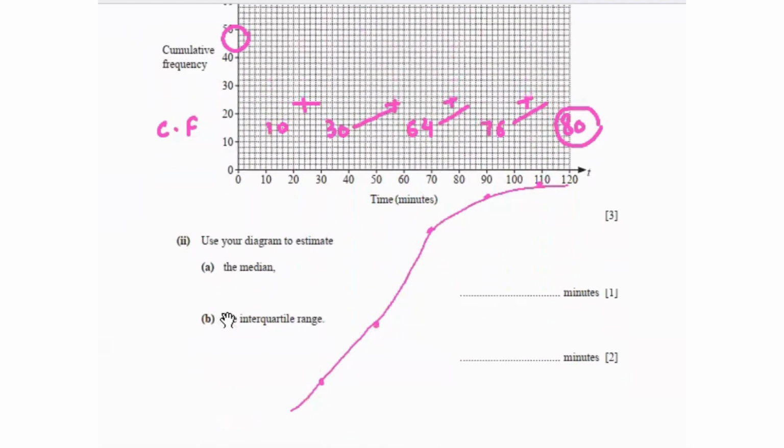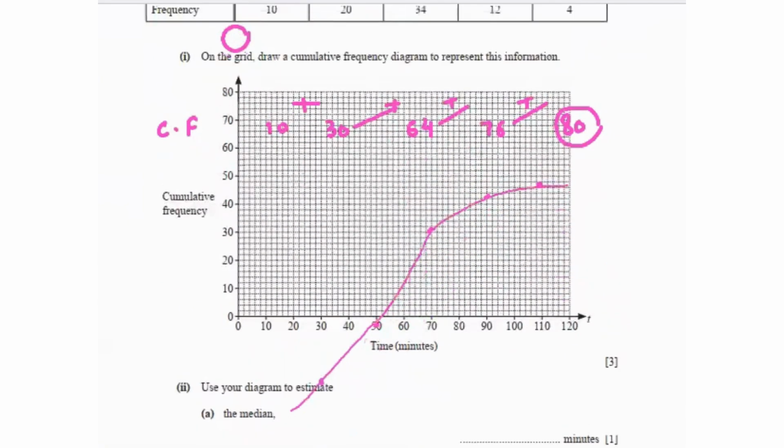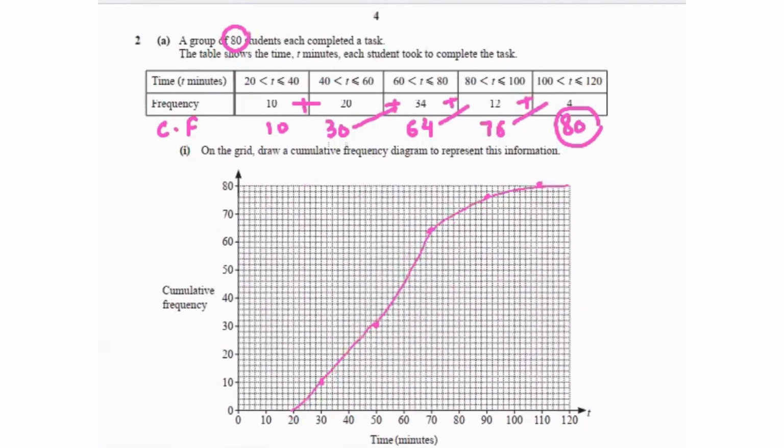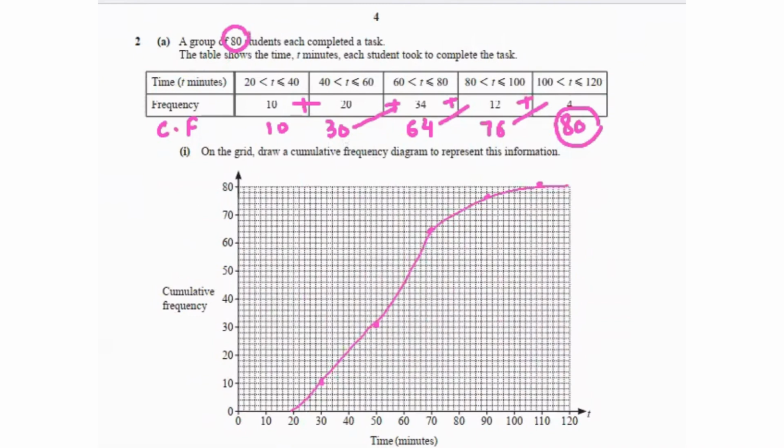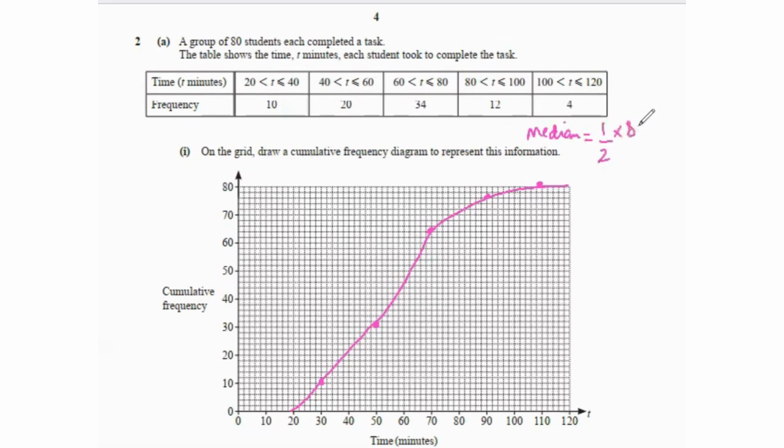The next part is asking us to find the median and the interquartile range. So for the median, let me just erase all of this. Median is going to be the first half of 80, which is going to give us 40. So I have to find the 40th value.